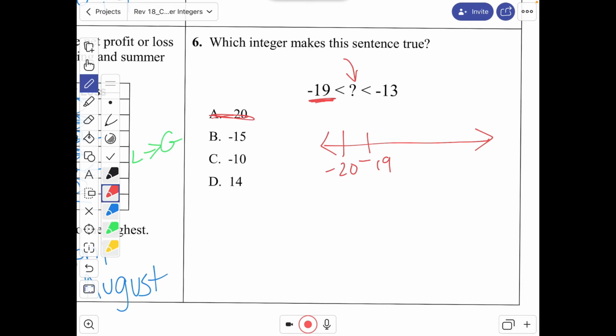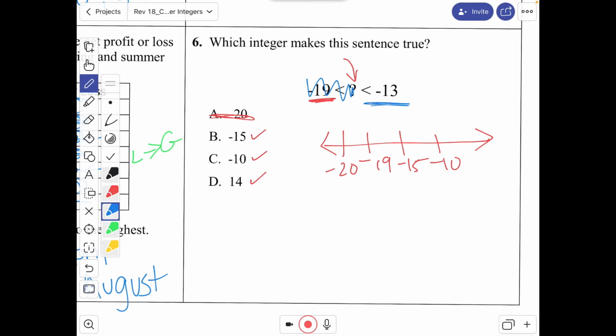Is negative 15 bigger? Yeah, it would be on this side, so that might be a good one. Is negative 10 bigger? Yes, because it would be more over here. And then is a positive 14 bigger than a negative 19? Yes. So it could be one of those. Now we have to look at the other side. It needs to be smaller than negative 13.